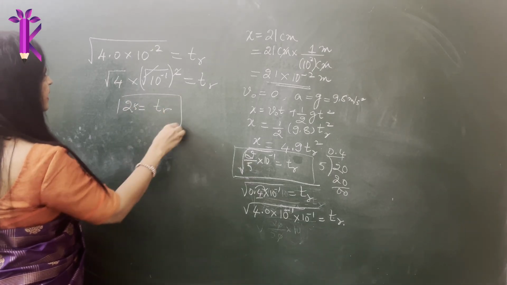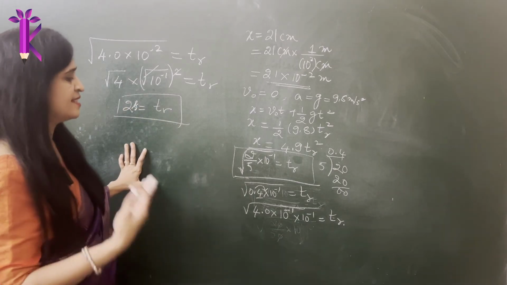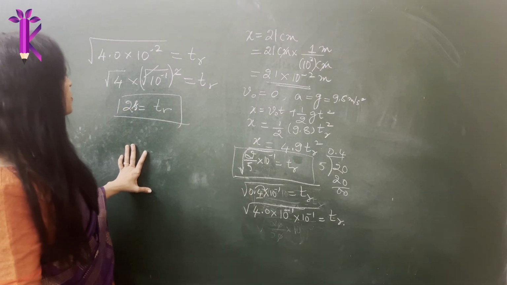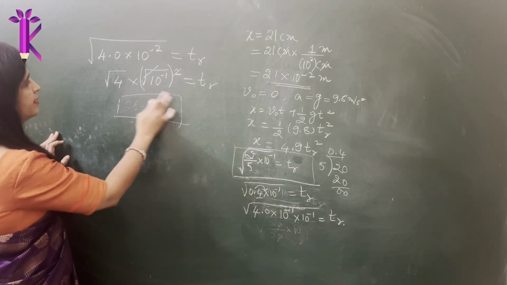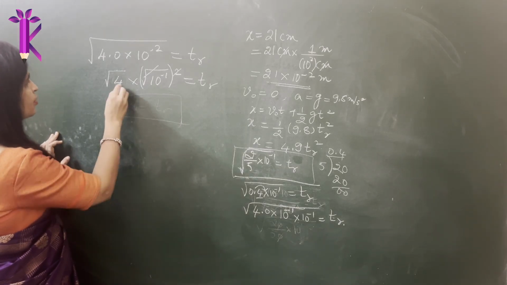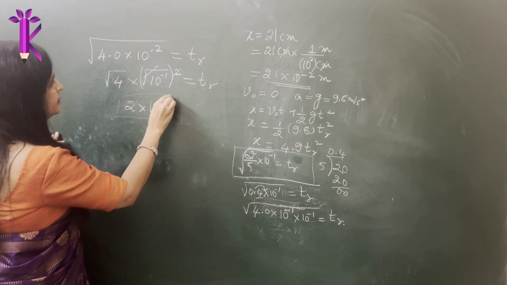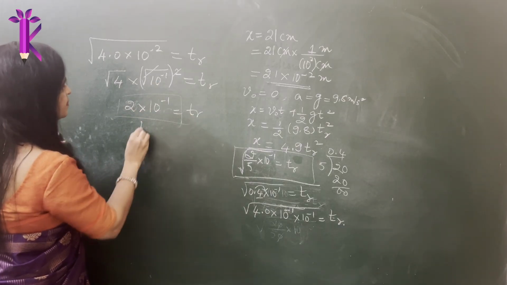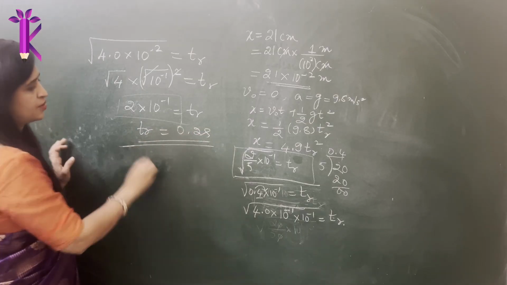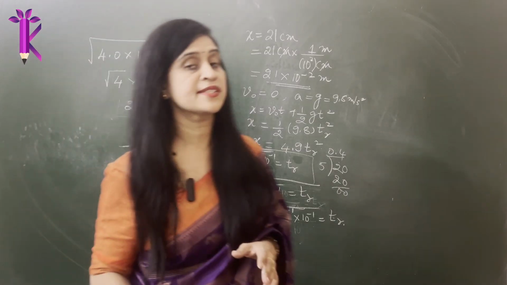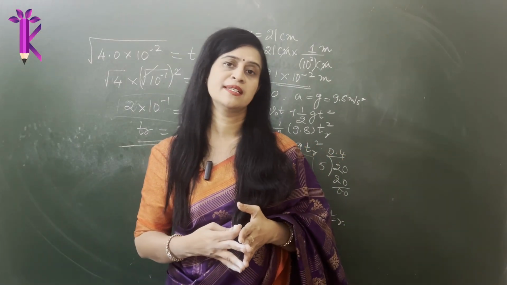Actually it is not 4, it is 2 into 10 to the power of minus 1, so it is basically 0.2 seconds. So you take so much reaction time. This is how you calculate the reaction time for a given situation.